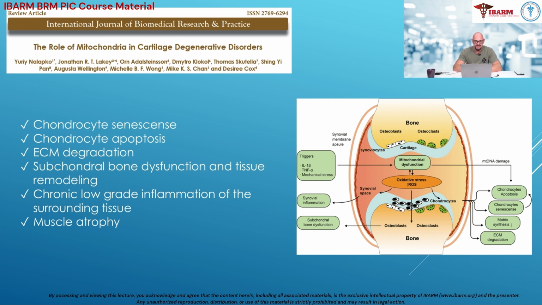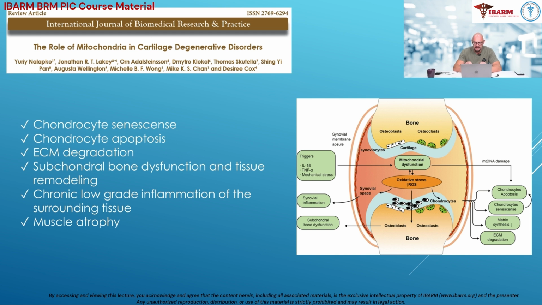It's degradation of the extracellular matrix, subchondral bone dysfunction and tissue remodeling, chronic low-grade inflammation in the joint surrounding tissues, and muscle atrophy.